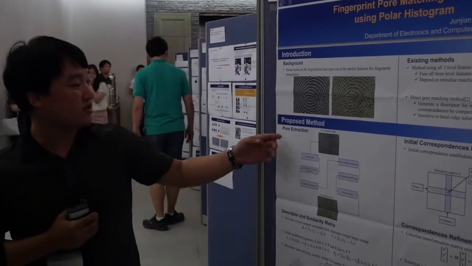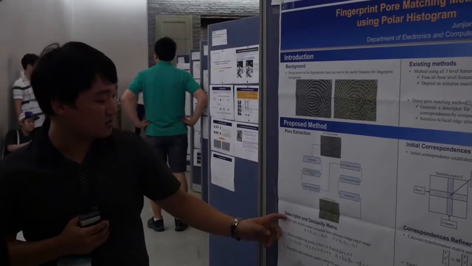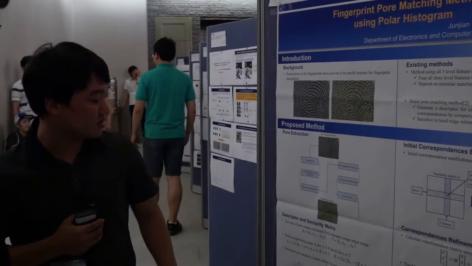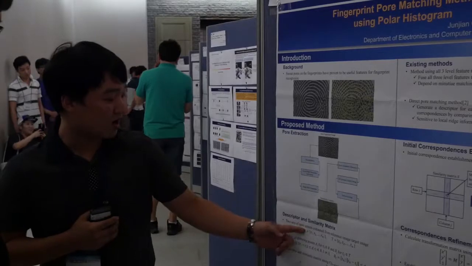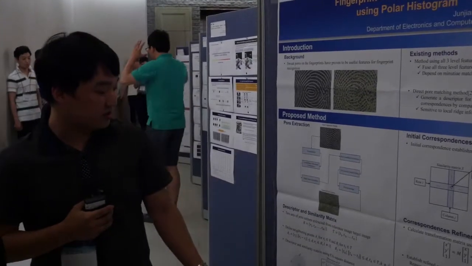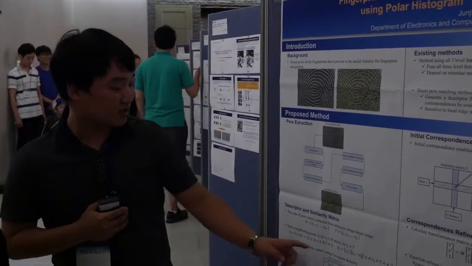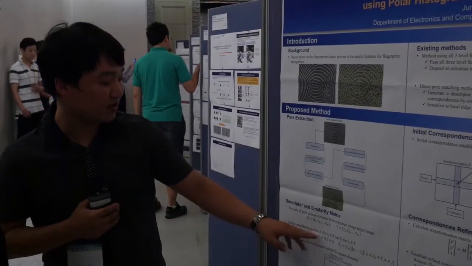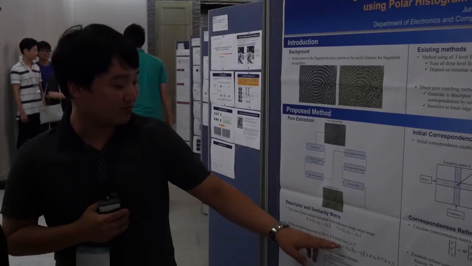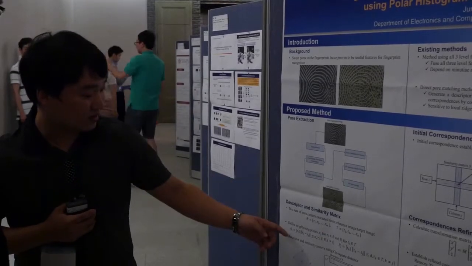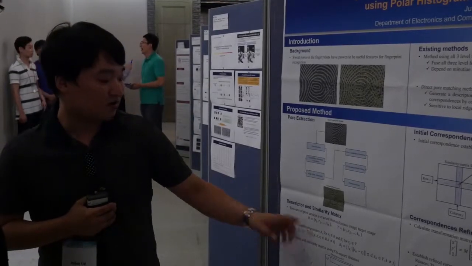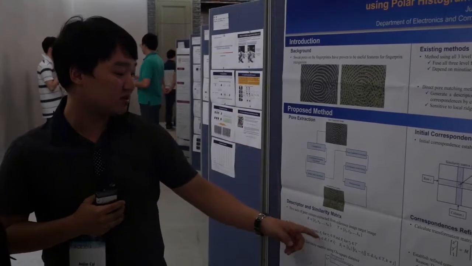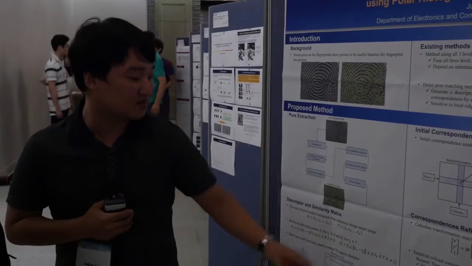After we extract all pore centers from the reference image and target image, they are denoted by R and T. For each point in R and T, we define the neighboring points Ai for Ri and Bj for Tj. The neighboring points are points which reside in a circle centered at Ri and Tj.